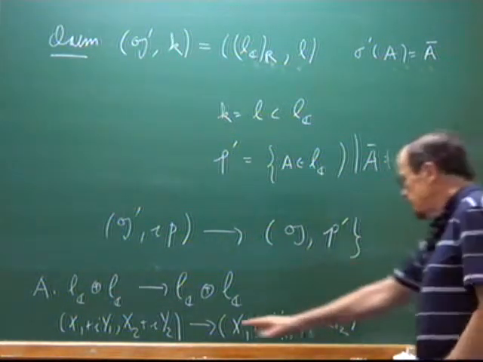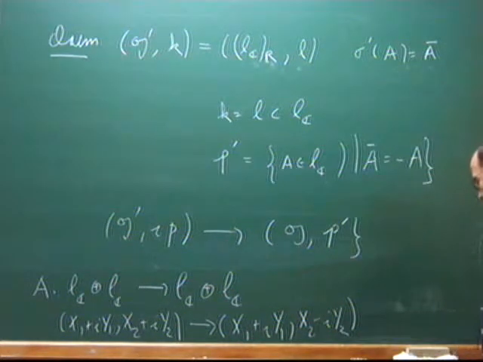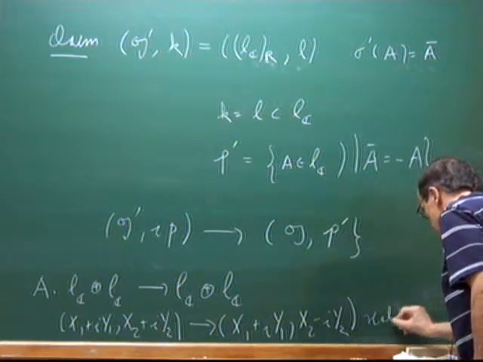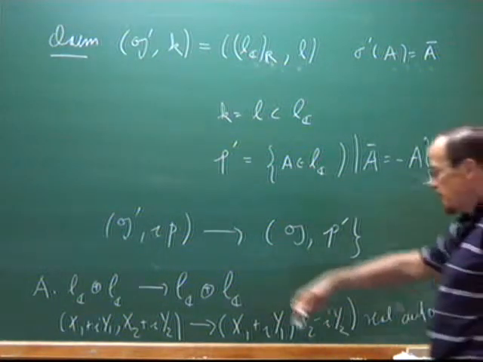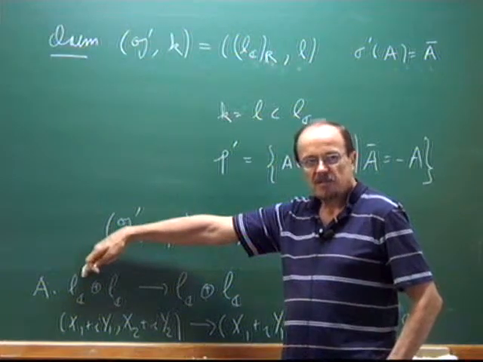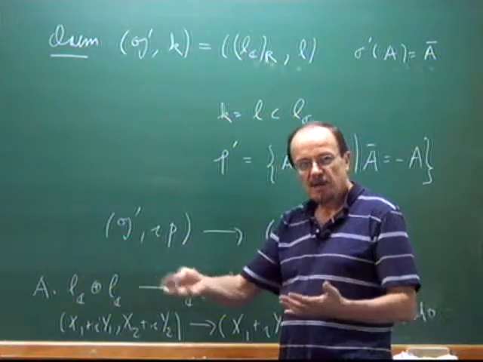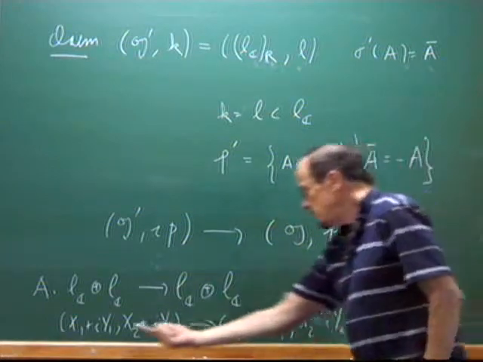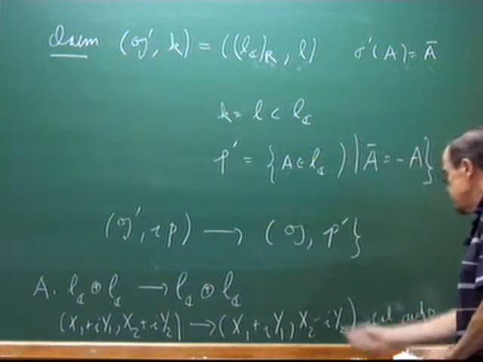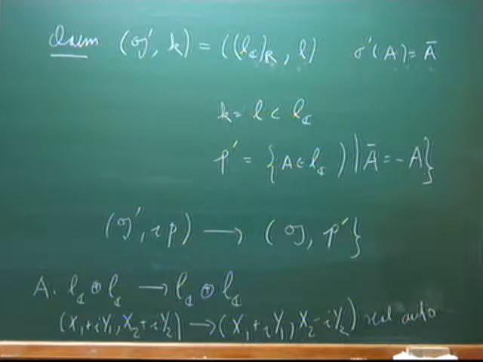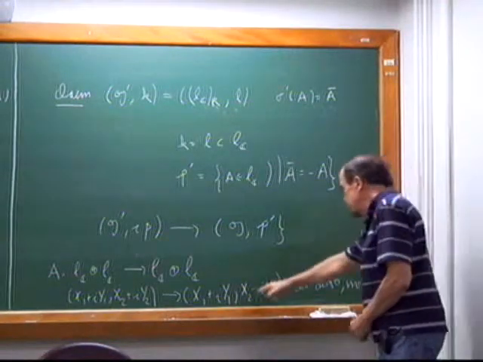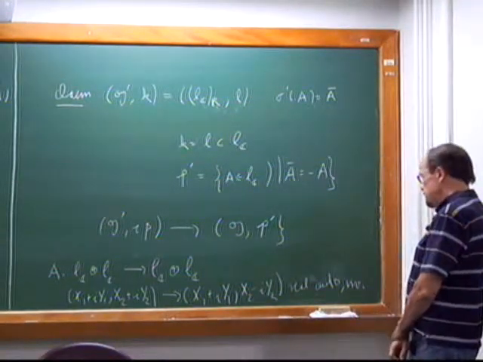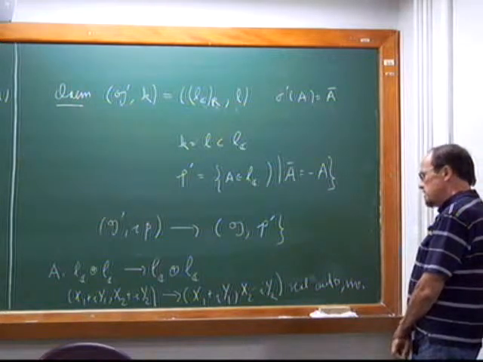So I just change the sign on the second component. I claim this is a real automorphism, because how do I take Lie brackets in the complexification? Just by taking Lie brackets of the real part and the imaginary part. So if I take Lie brackets here, real and imaginary, that fits in here also. It's also clearly an involution, because if I do it twice, I multiply by a minus sign twice in the second component and come back to itself. But I don't think that's important.